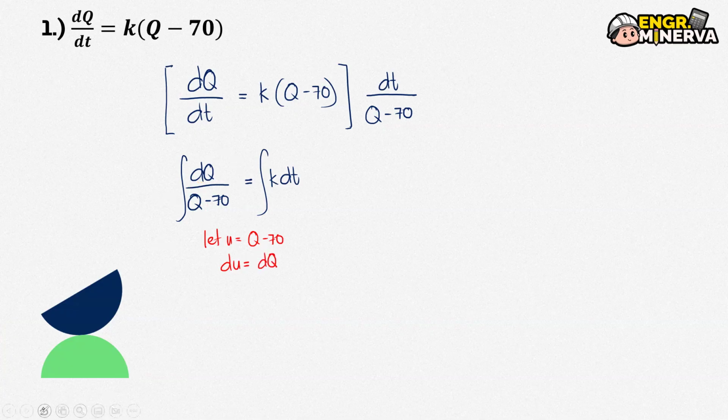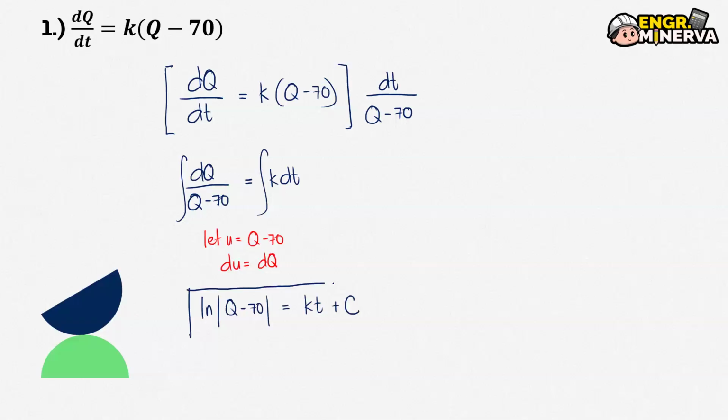And we can formally say that the result would be ln of q minus 70 equals kt plus c. So this could be the final answer, and this is accepted as your final answer.